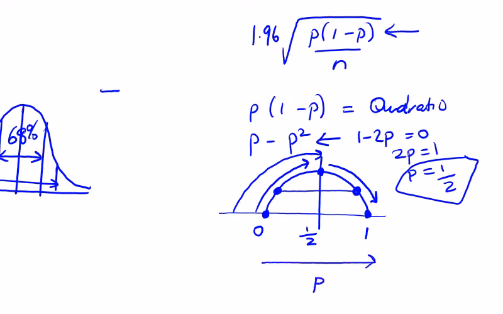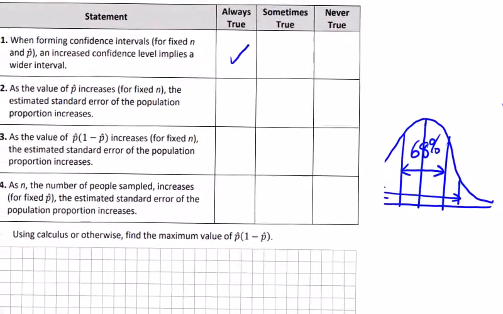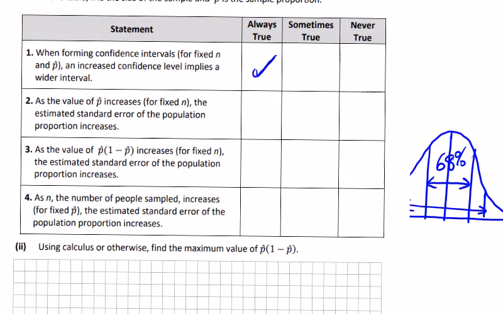This is p. It is going to get bigger and bigger up until halfway across, and then it's just going to get smaller again. So this is sometimes true.